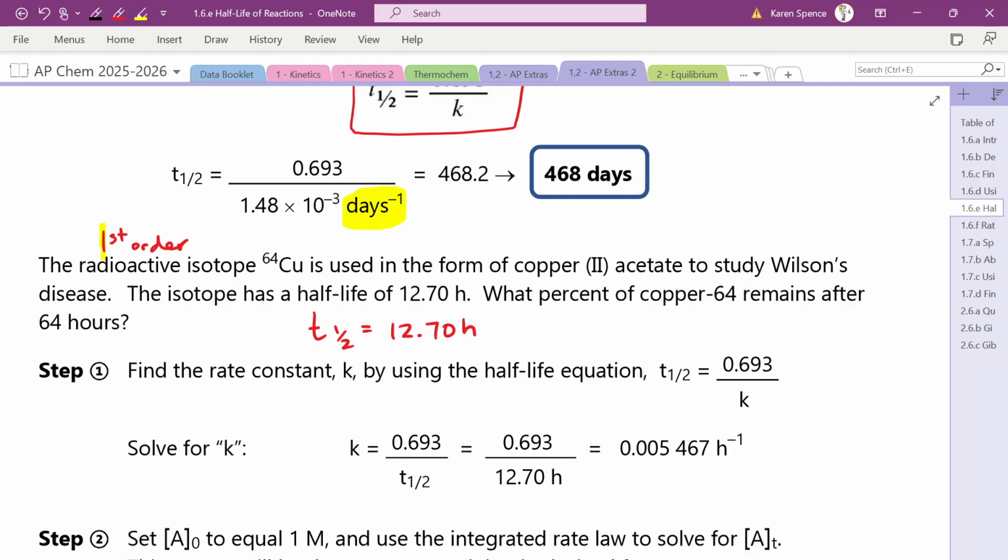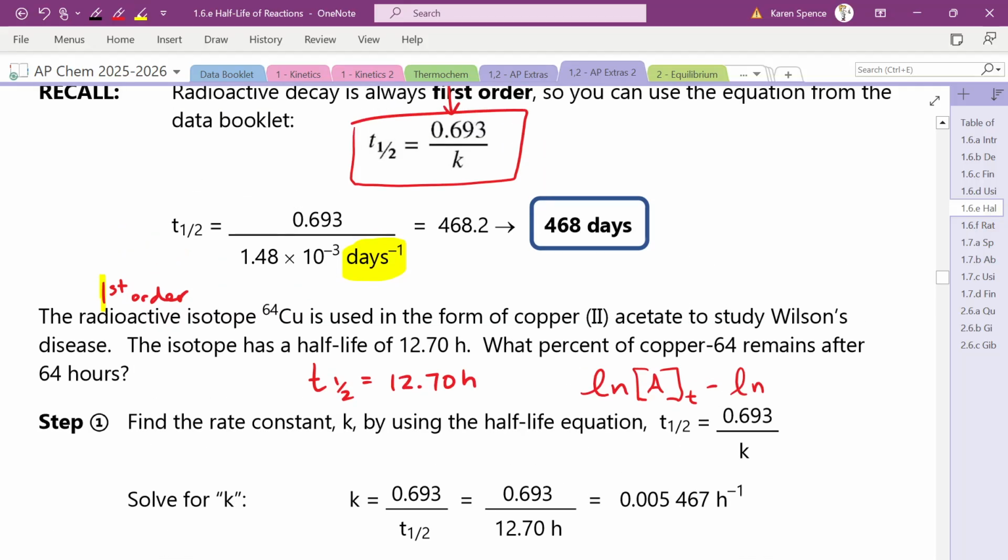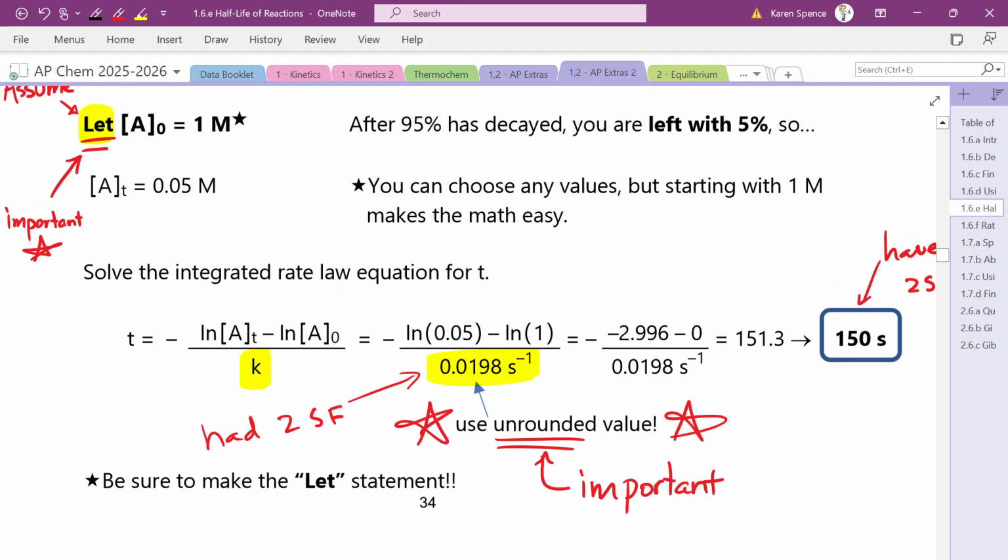Well, those aren't nice numbers. If I make a little table, that's not going to be beautiful, is it? So let's say I am going to use my integrated rate law. In order to use it, which is the ln of concentration of A at time t minus ln of concentration of A at time 0 is equal to negative kt.